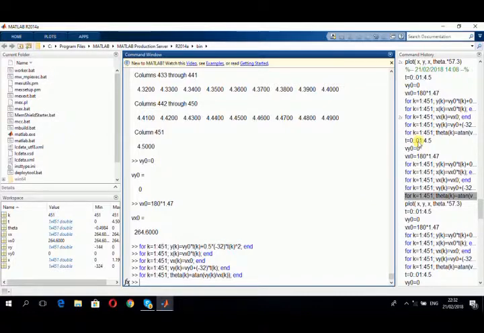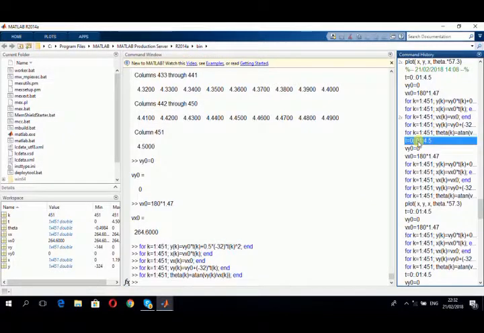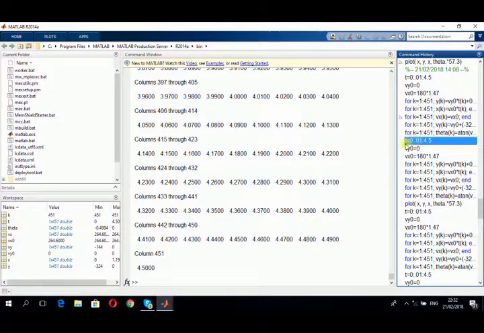Let's start with time t. We have defined time t in a range from 0 up to 4.5 seconds, with an increment or step of 0.01.